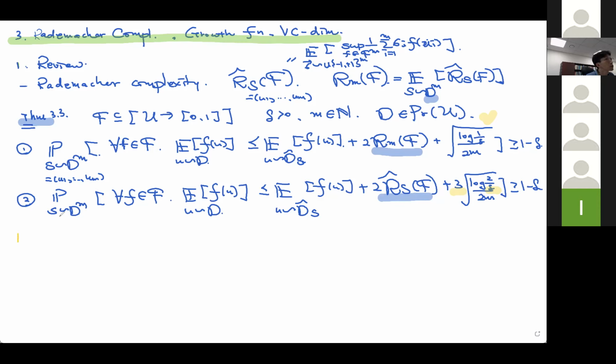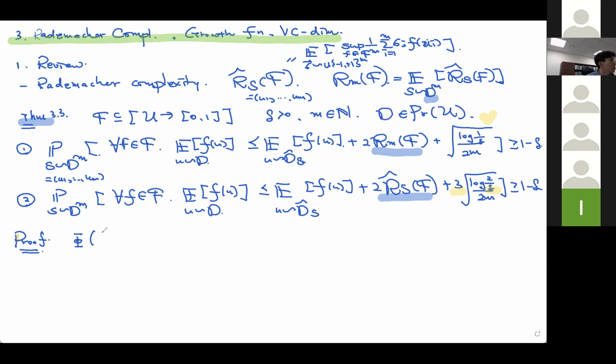Now for the proof of this statement, we use the McDiarmid inequality. The proof has 2 steps, but the key quantity that we compute in the proof is what we call the function phi.